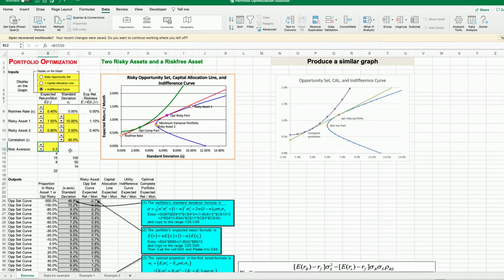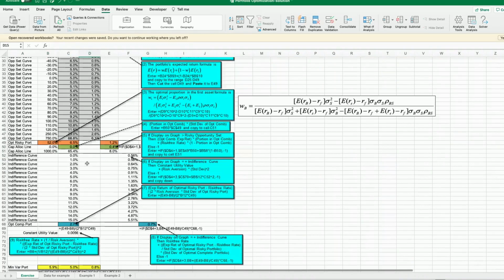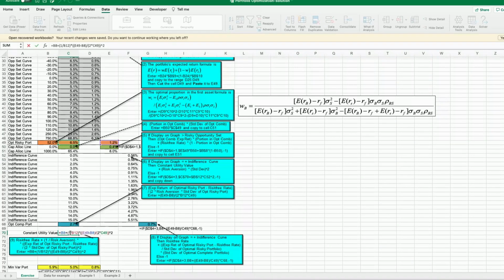It's hard to answer concretely, but it will be something that can be estimated or inferred from their survey answers. And then for the indifference curve, with this constant utility value based on the utility function here, we'll have the input of risk aversion. We also have the input of the optimal risky portfolio's expected return and standard deviation.